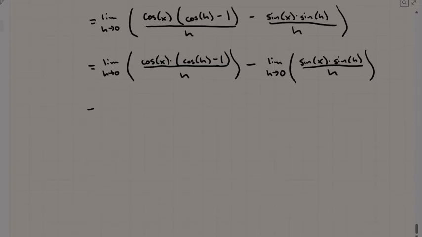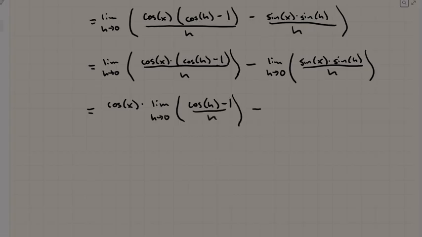Okay, now if we have anything that's only dependent on x and not dependent on h, we can factor it out of the limit, which is based on h. So that cosine x will be pulled out of the first limit, cosine x times the limit as h approaches 0 of cosine h minus 1 over h.